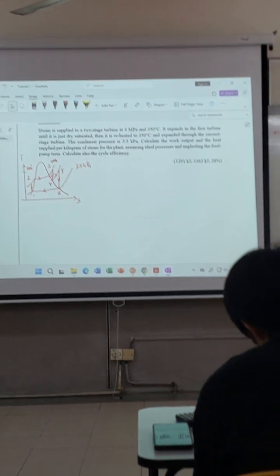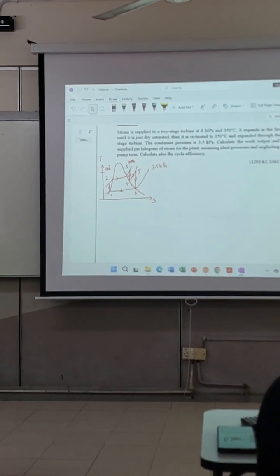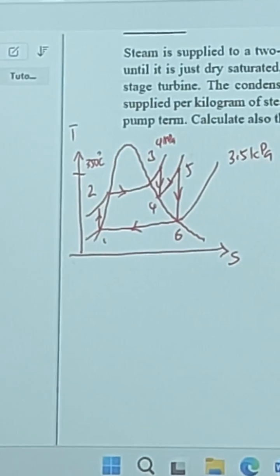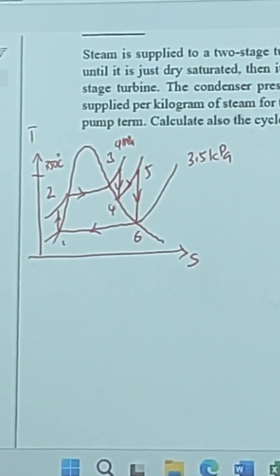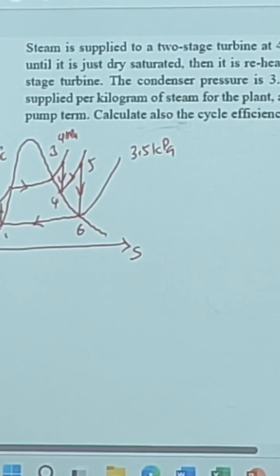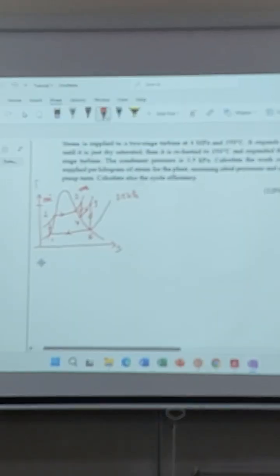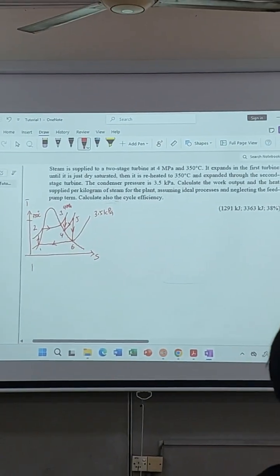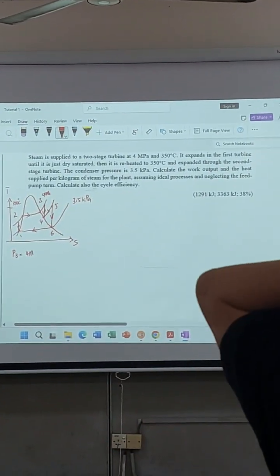Okay, so again, since the question asks you to calculate the work output and the heat supply per kilogram, we start from the right hand side first. So on the right hand side, you know that P3 is 4 megapascal and T3 is 350.